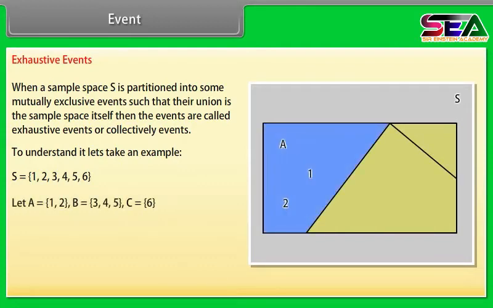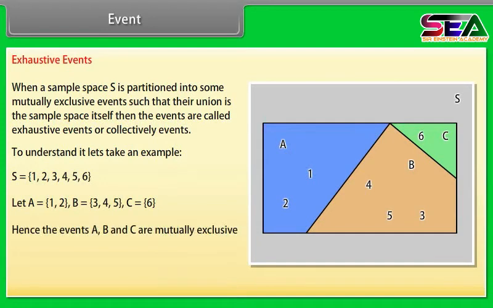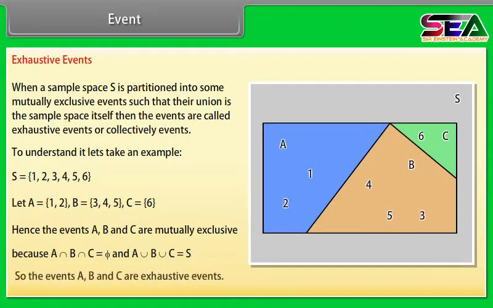Let A is equal to {1, 2}, B is equal to {3, 4, 5}, C is equal to {6}. Hence the events A, B and C are mutually exclusive because A intersection B intersection C is equal to phi and A union B union C is equal to S. So the events A, B and C are exhaustive events.